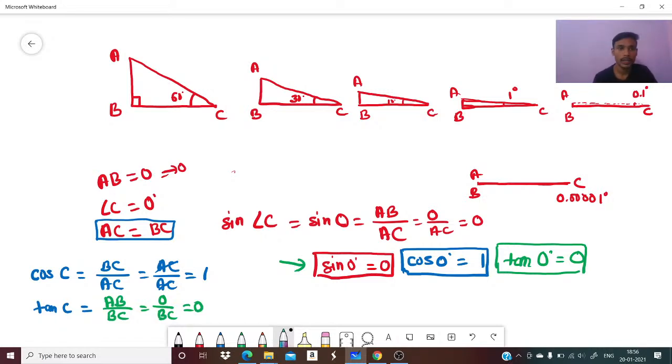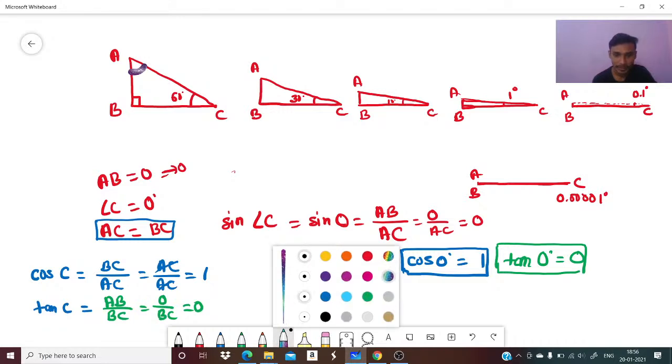So again in this triangle ABC, when I was decreasing this angle, my this angle was increasing, right? So when this was 60 degree, this was equal to 30 degree.